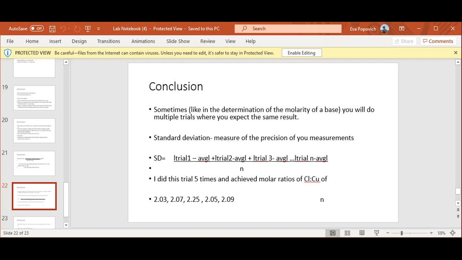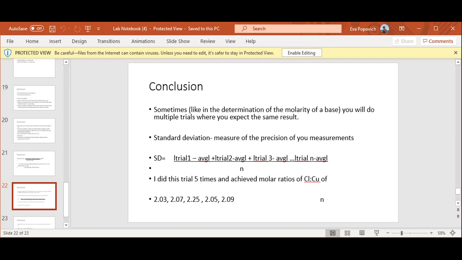You're going to do this trial at least 3 times. You expect the same result. So you want to be able to make a numerical determination of how precise you are. You do that with something called a standard deviation.